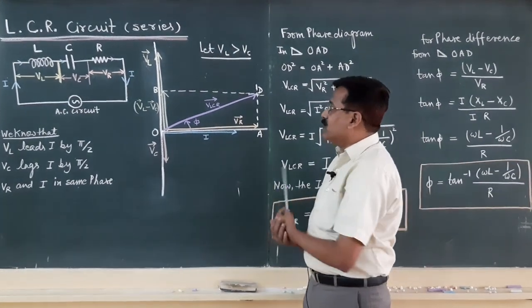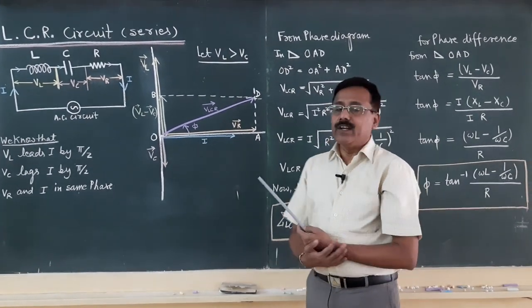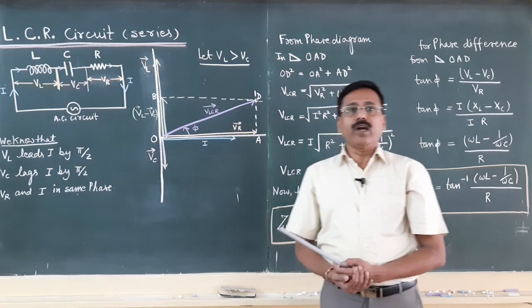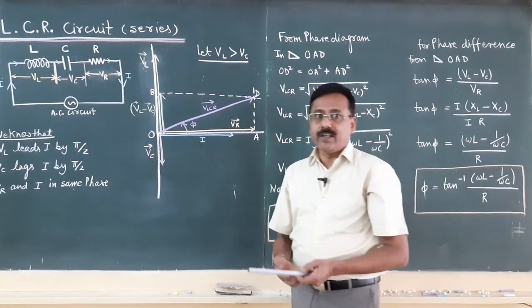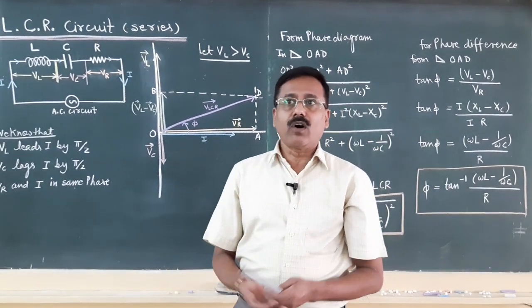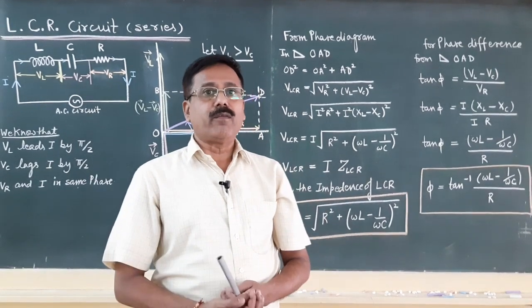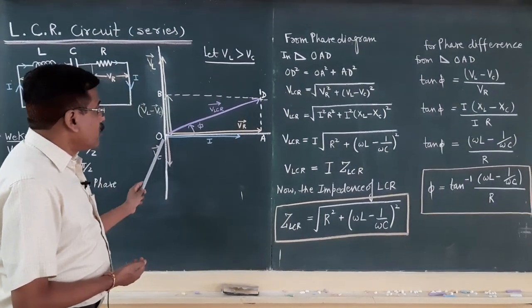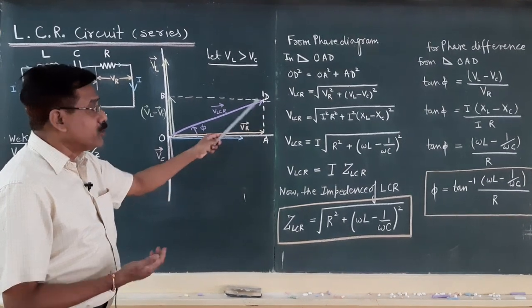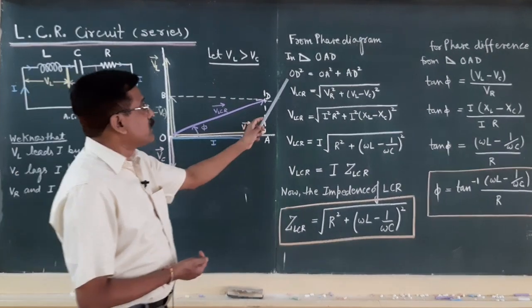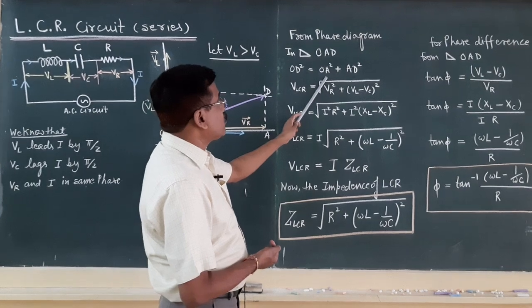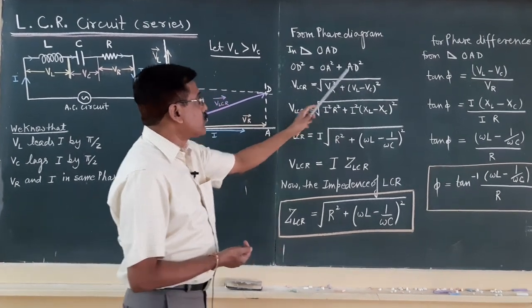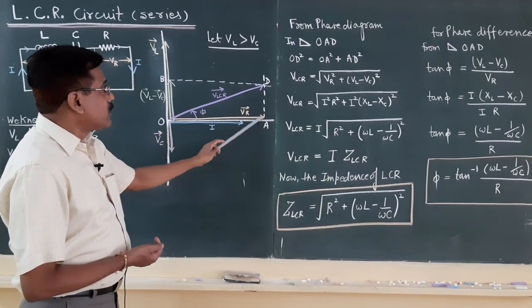So, now from this phase diagram, we can find the expression for the impedance of the LCR circuit, that is, the total resistance offered by all three components. So, if you come to the triangle OAD, using the Pythagoras theorem, you can say that OD square is equal to OA square plus AD square. This is OA and this is AD.